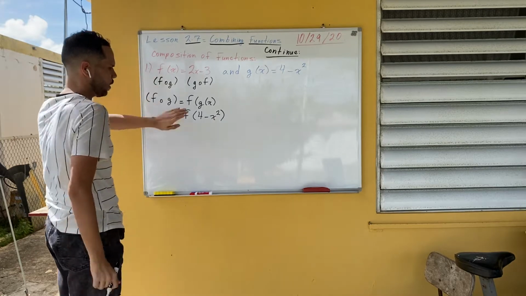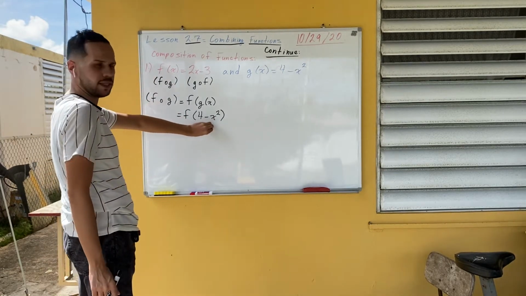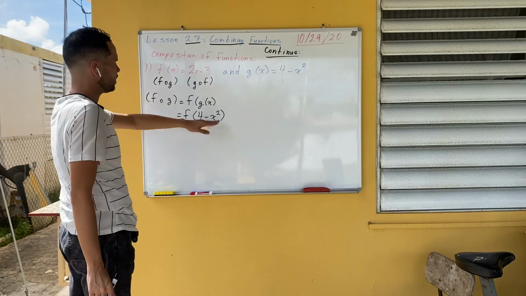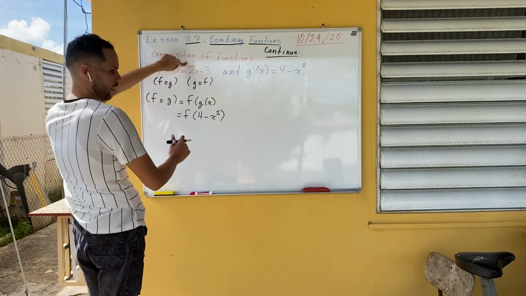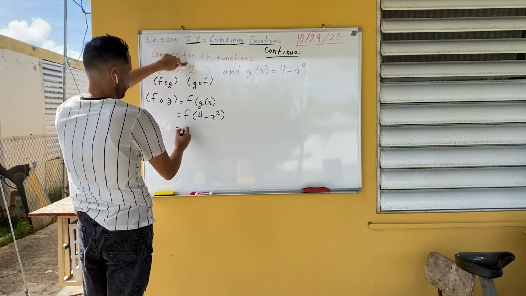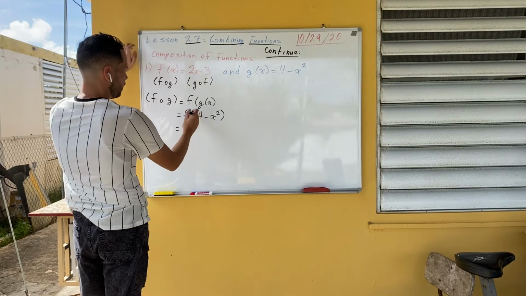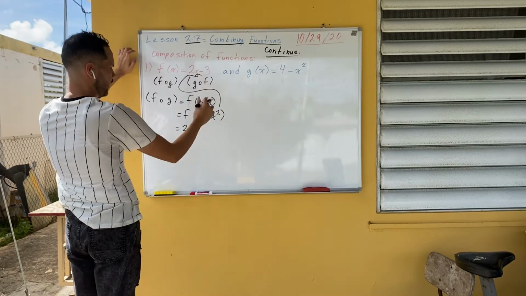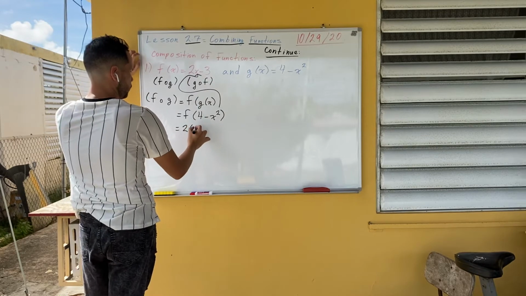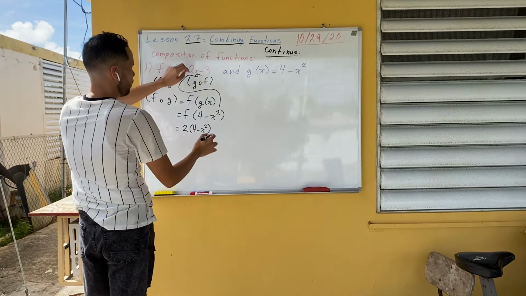Now we're going to be putting this g of x inside the x that I have in the f of x. So it's going to be 2, and I plug this inside that x, so it's going to be 2 parentheses 4 minus x squared minus 3.